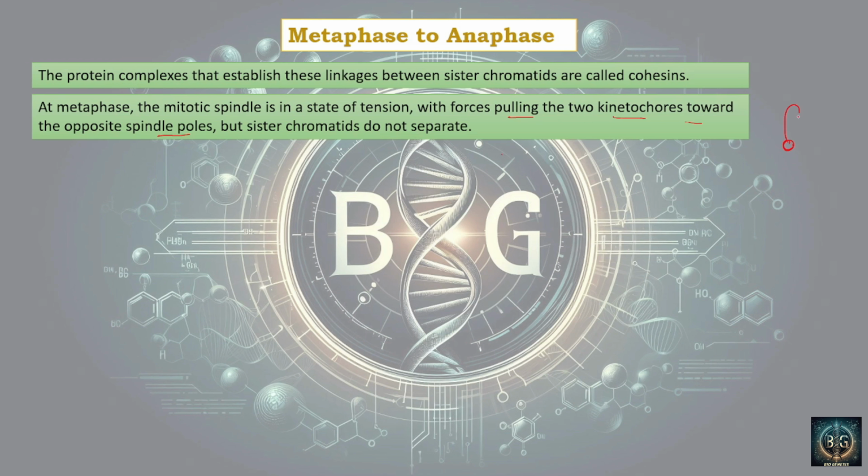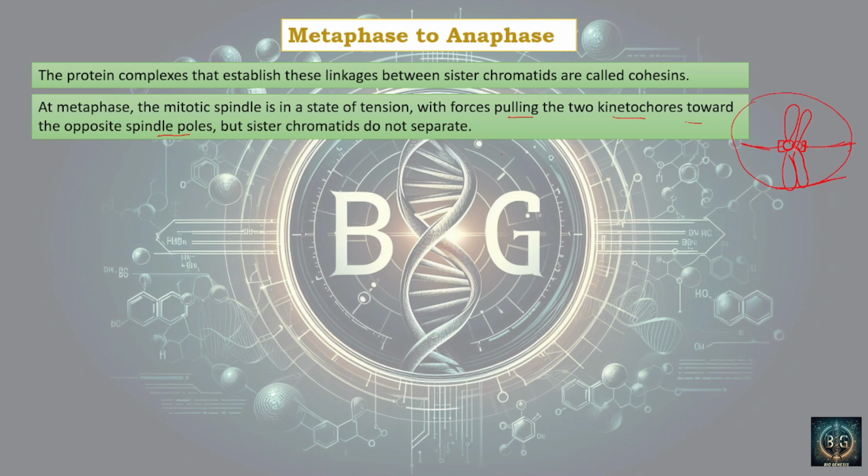We all know that in metaphase stage, the two sister chromatids are seen in the equatorial plane, and the two kinetochores in different sister chromatids bind to the spindle fibers.